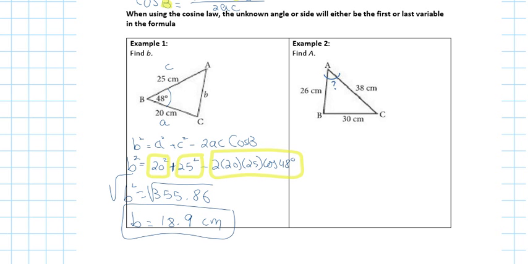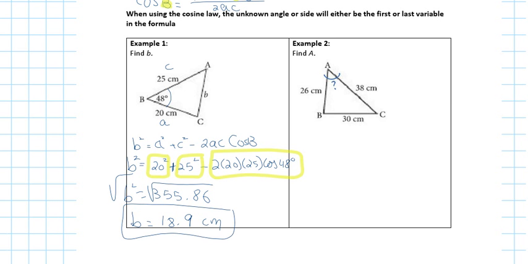Technically speaking, I would not round here. I would keep whatever the number is in the calculator and I square root that, and that would be my correct answer. Yes, you keep that. And what would be your answer when you square root that?